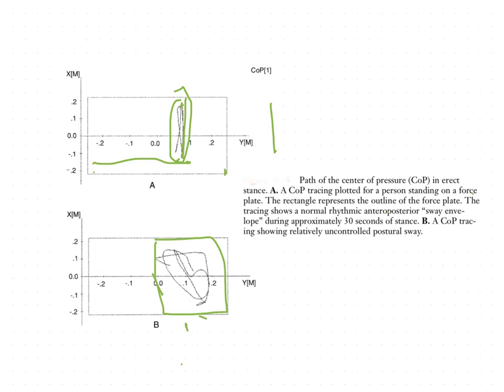So this is one of the things we can identify from the center of pressure: based upon the center of pressure, we can identify whether the person is having enough forces acting on the body or not.